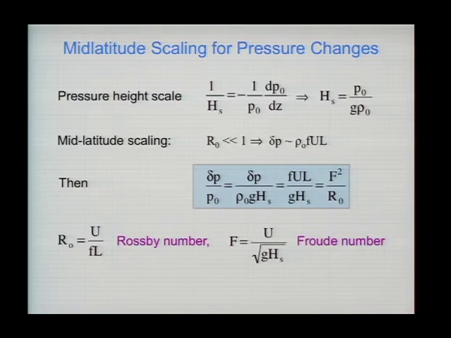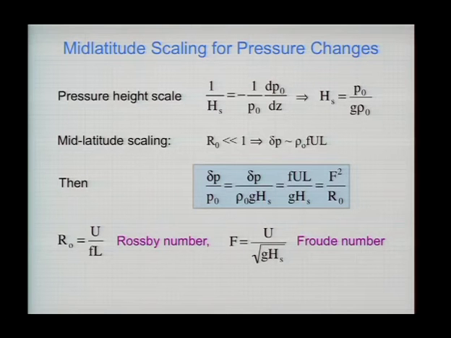If we use hydrostatic balance, dP by dz is minus rho times g, then the scale height is the pressure divided by gravity divided by the density. Now, we're just looking at the scaling for mid-latitudes at the moment, and then we'll do the scaling for the tropics and see how it's different.